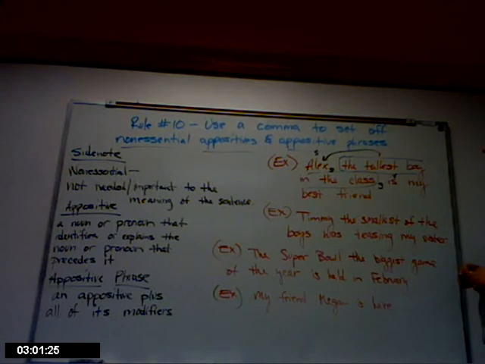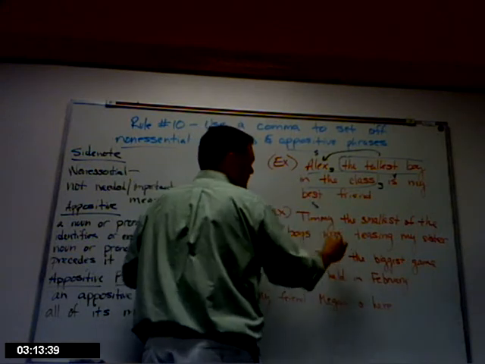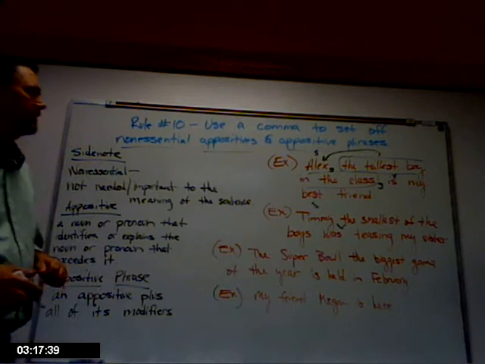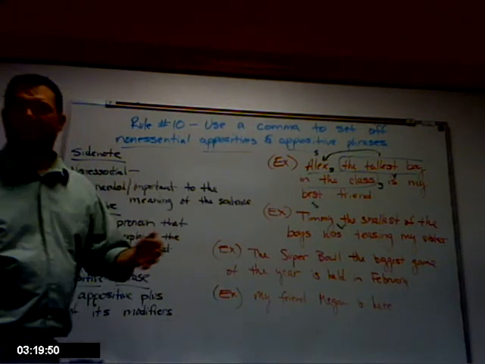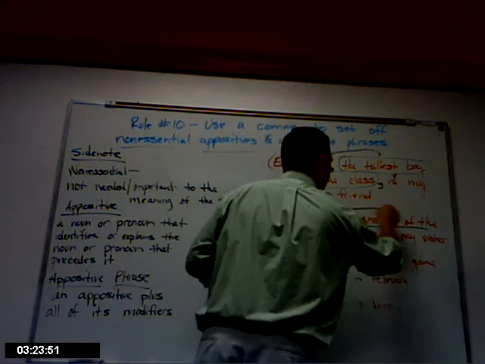Looking at the second sentence, Timmy, the smallest of the boys, was teasing my sister. Very similar to the previous one. What's Timmy doing? Again, knowing our subject helps. Timmy was teasing. So, what piece gives extra information? The smallest of the boys.